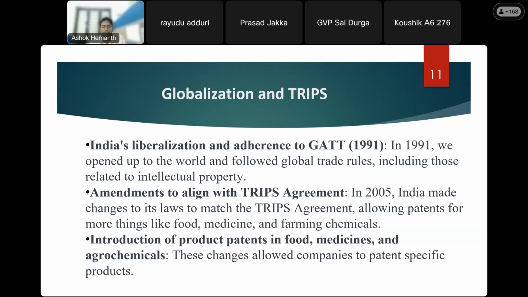And introduction of product patents in food, medicine, and agrochemicals. The TRIPS agreement clearly says that you should bring product patent and process patent, or product-by-process patent, in all fields. There is no exemption for any specific field. So we need to comply as we are a part of WTO. So we brought product patents even on medicine, apart from food, agrochemicals and others.